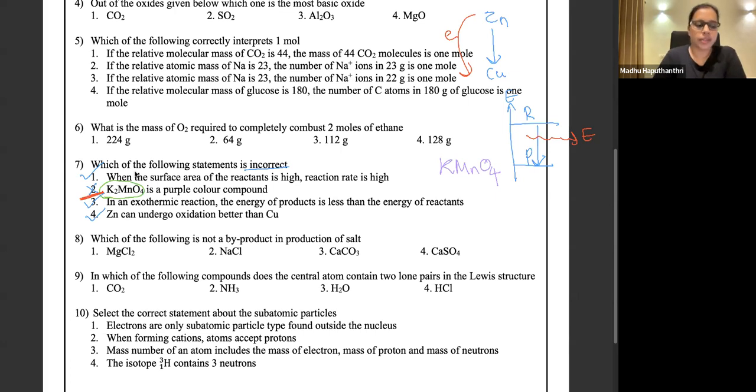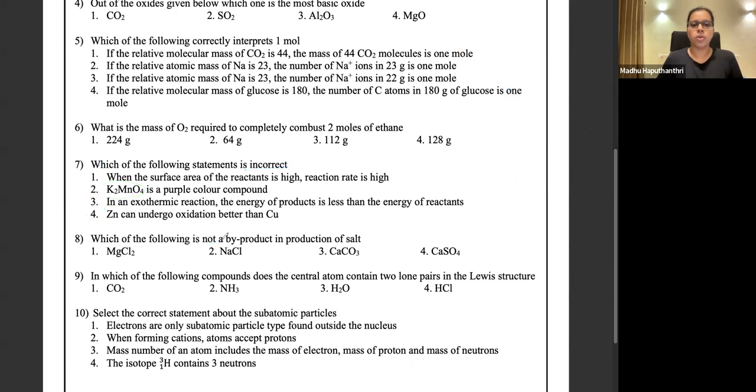Question number 8. Which of the following is not a byproduct? Again, take care, a negation question is there. Not a byproduct in the production of salt. When it comes to the production of salt, you have large shallow tanks, then medium tanks, then small tanks.